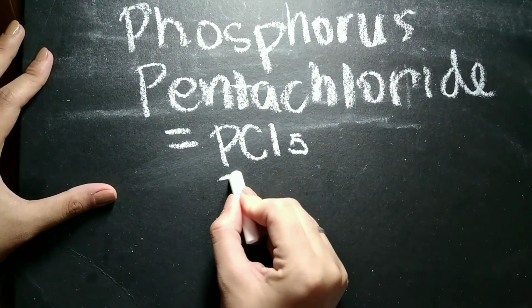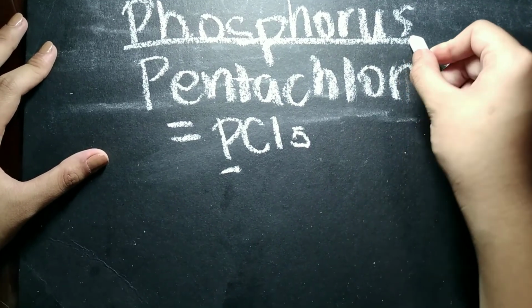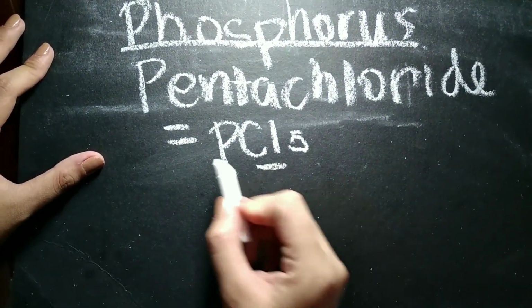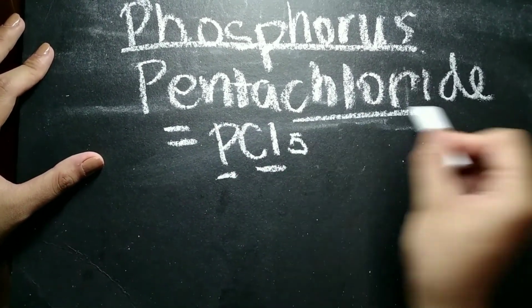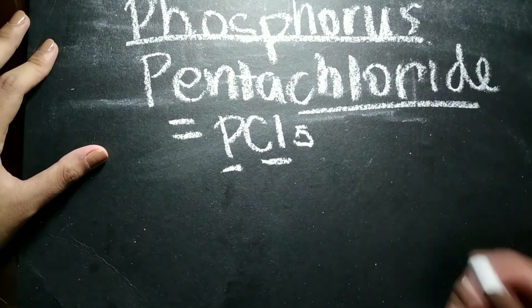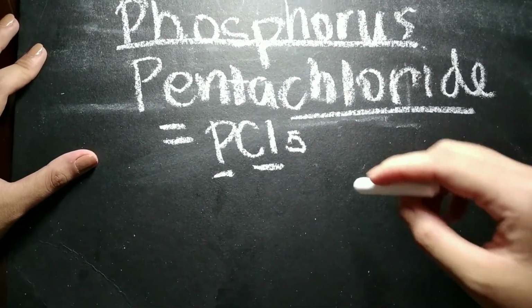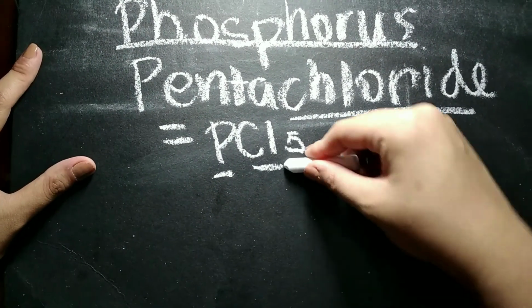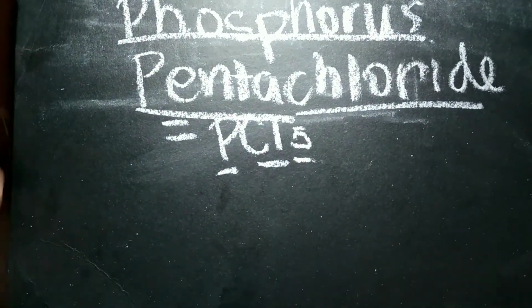So, the P represents phosphorus and the Cl represents chloride, and the subscript 5 symbolizes the prefix penta.